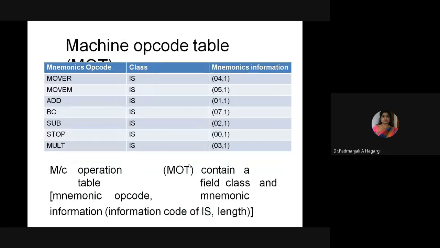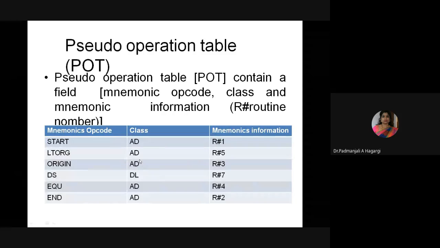First, now it makes the uniqueness. It picks only the imperative statements, then it picks only the assembler directive statements. All the assembler directive statements have the mnemonic information about the control loop of the program, how the program is running.